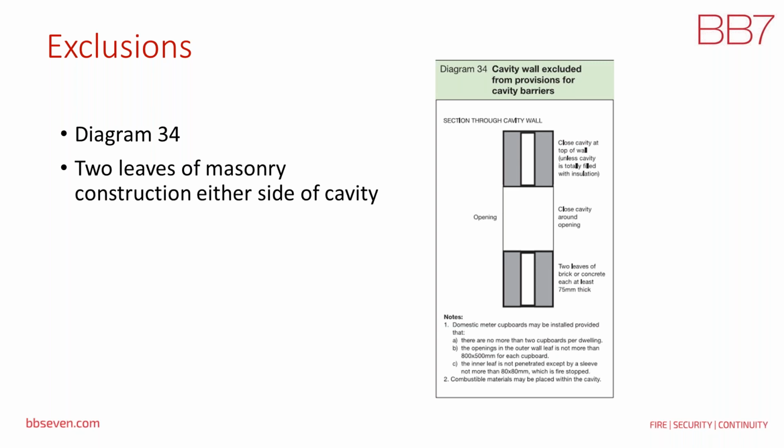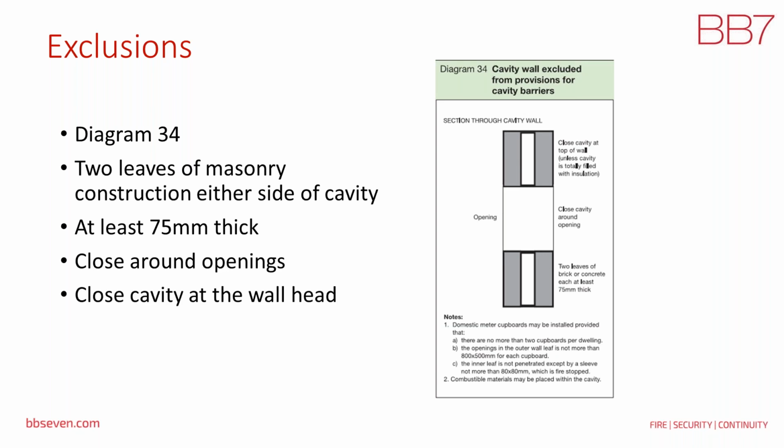And where you have the masonry, it's deemed to be satisfactory or adequate if you close the cavity rather than use a cavity barrier. So the masonry's got to be 75 millimeters thick each leaf.